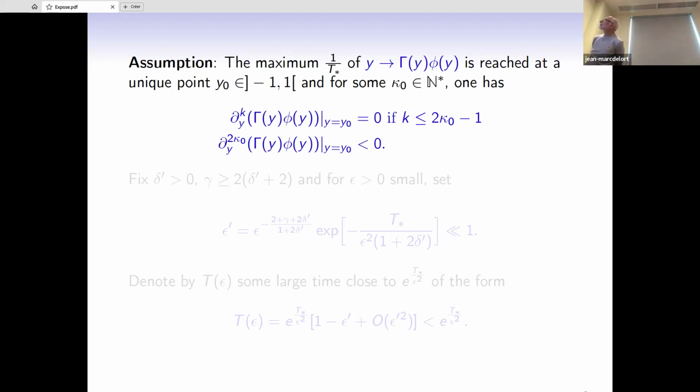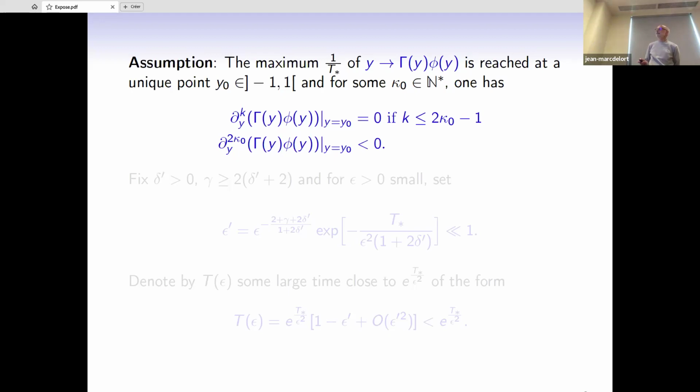I shall assume that this maximum is reached at a single point, y0, and that it is a strict maximum, and actually more precisely, that all derivatives of gamma phi at point y0 vanish up to some order 2 kappa 0 minus 1. And I shall assume that at order 2 kappa 0, the derivative is strictly negative at point y0. So this is a degeneracy assumption, which may be ensured, of course, by choosing conveniently f0 and g0.